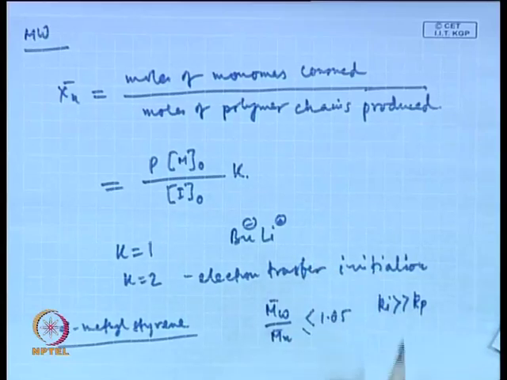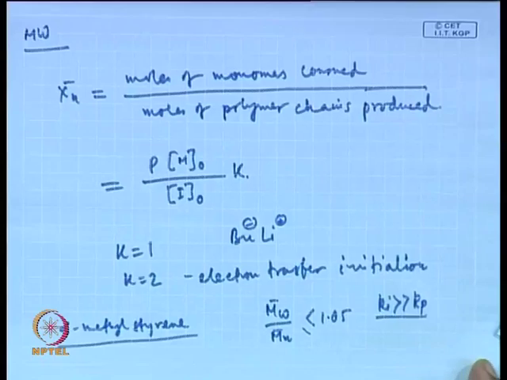So, all the chains start at the same time and propagate for the same time. So, the polydispersity becomes very narrow, as long as the initiation reaction is faster compared to the propagation reaction, and also there is no termination reaction.